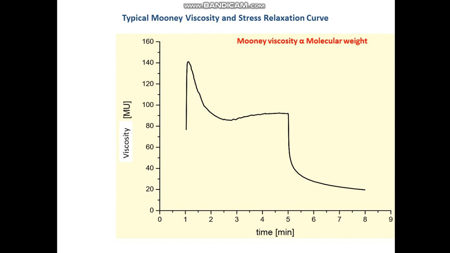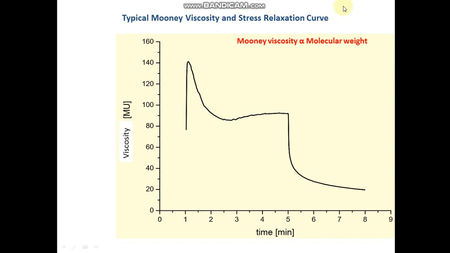Actually the Mooney unit is not an SI unit. The x-axis gives the time, measured in minutes. So you can see the shape of this Mooney viscosity curve. Here is the Mooney viscosity curve, and this is the stress relaxation curve. We can perform these two tests together using our Mooney viscometer.